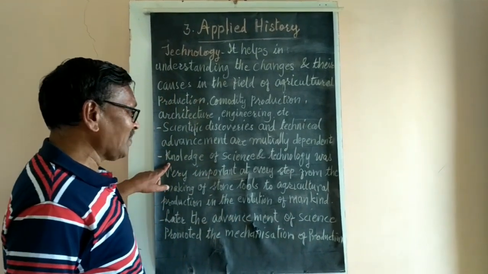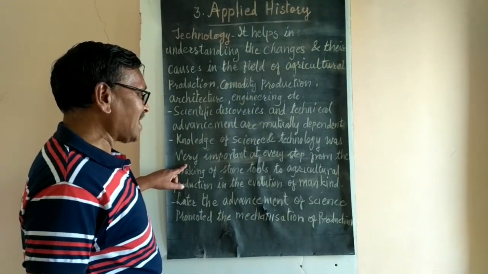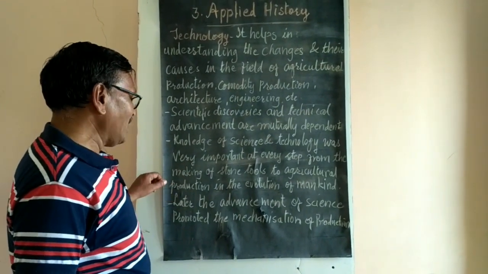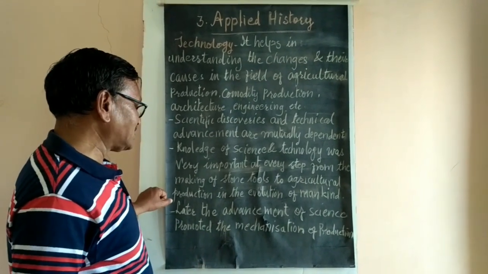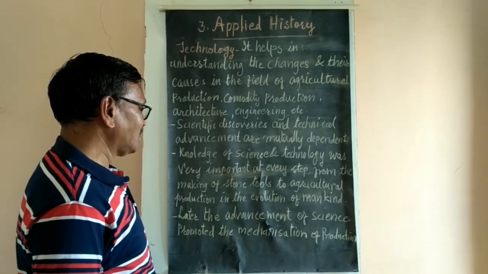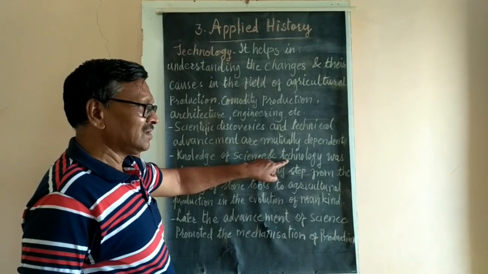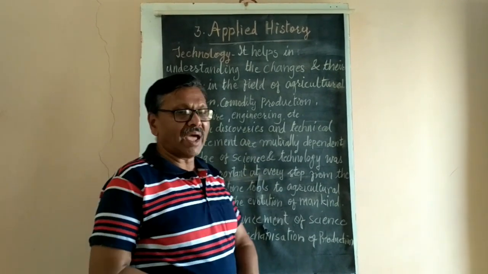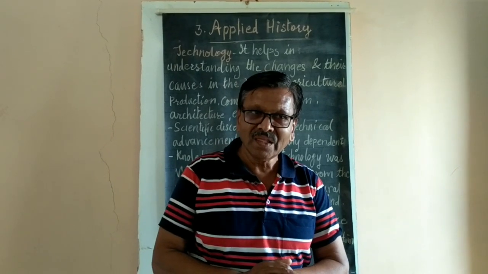So, knowledge of science and technology was very important at every step, from making the stone tool to agriculture production in the evolution of mankind. Earlier, man did not know how to light the fire.